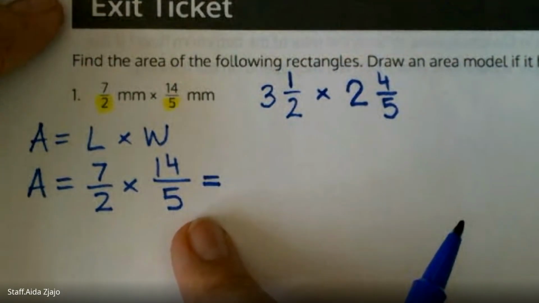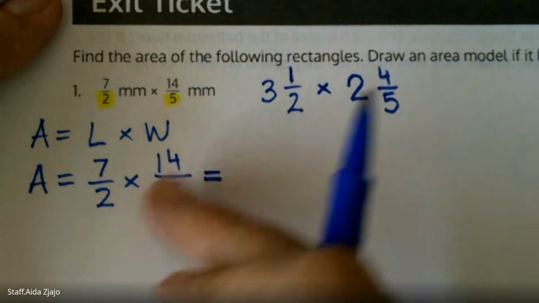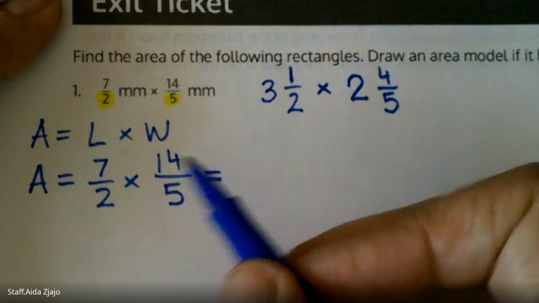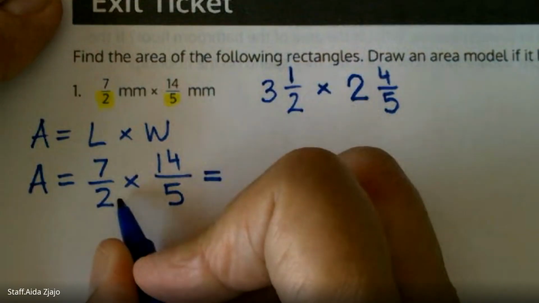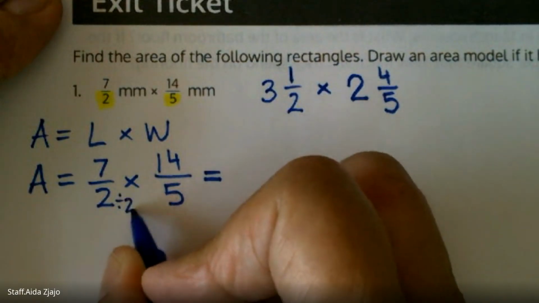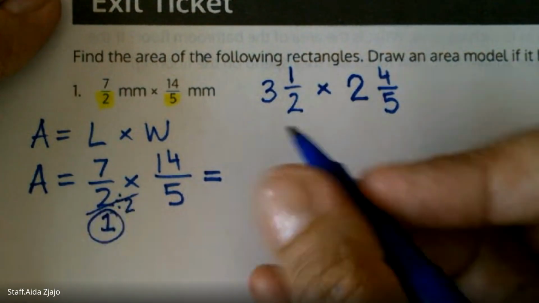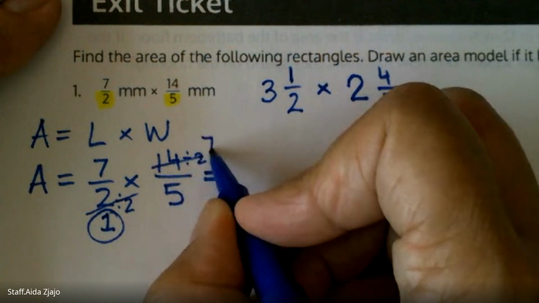That's one option. Another option is I can simplify across, because 2 and 14 are related. So if I divide 2 by 2, I will get 1, and if I divide 14 by 2, I will get 7.